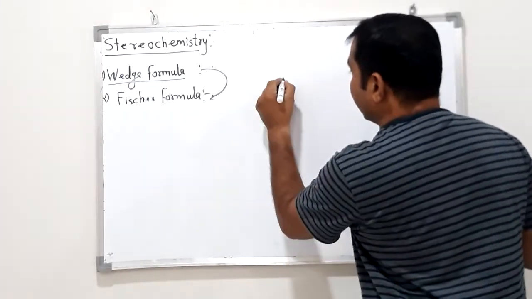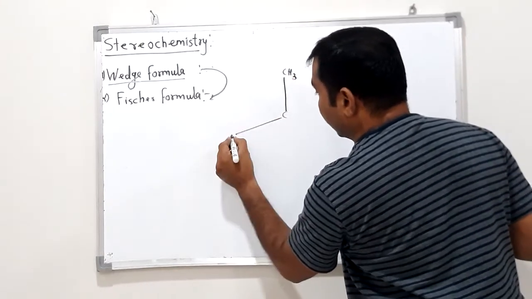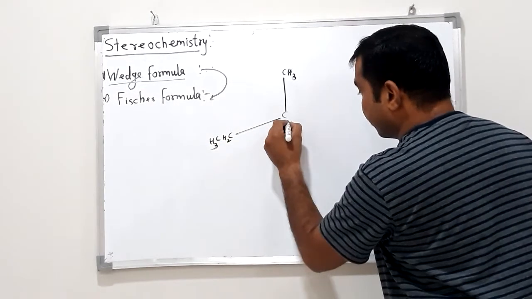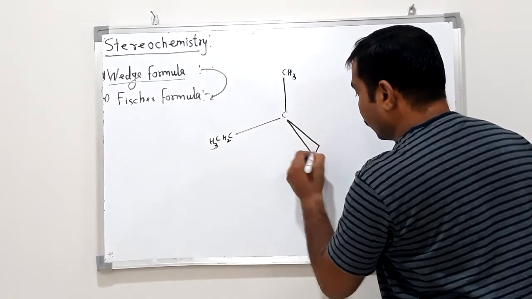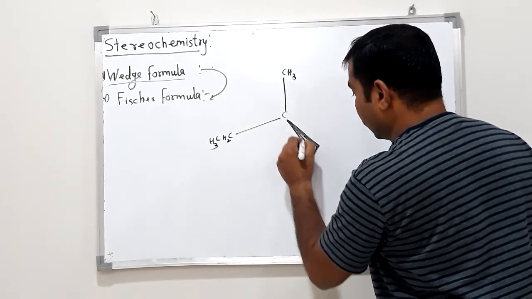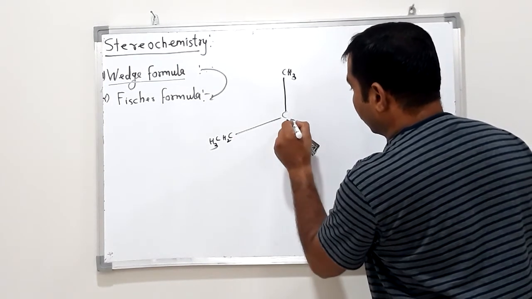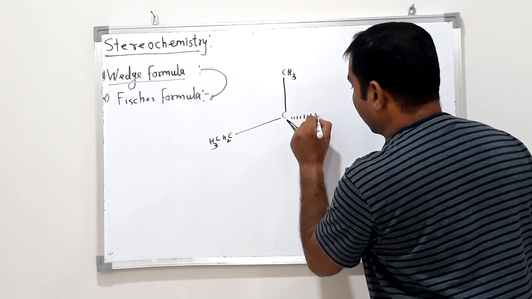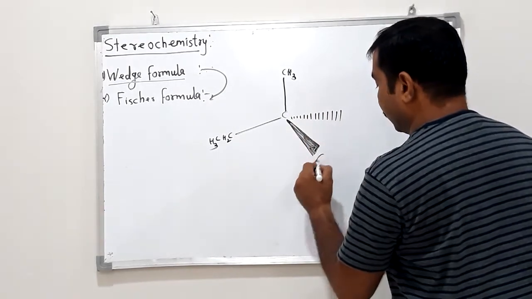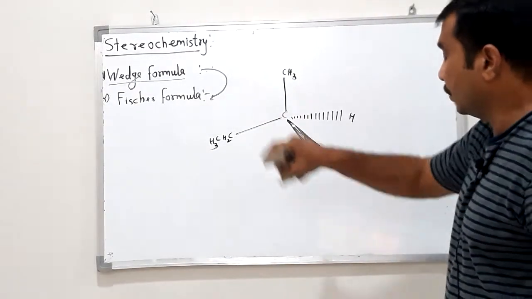See, this is the carbon with methyl, ethyl, chlorine and H. 1, 2, 3, 4.